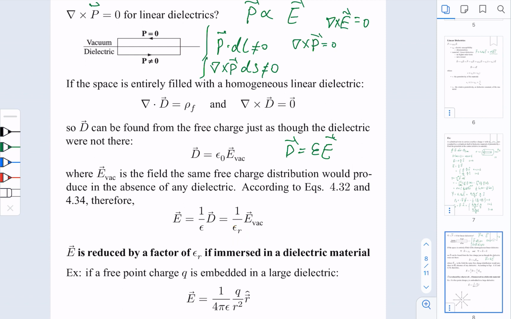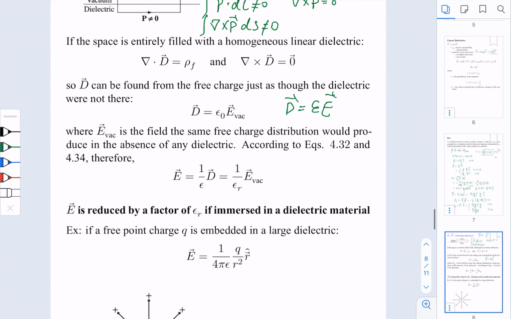And here, what this means is that if you put a charge in vacuum, that gives you the ordinary E vacuum. However, if you put a charge inside a dielectric material, then the E field is reduced, and the reduction is this epsilon r.